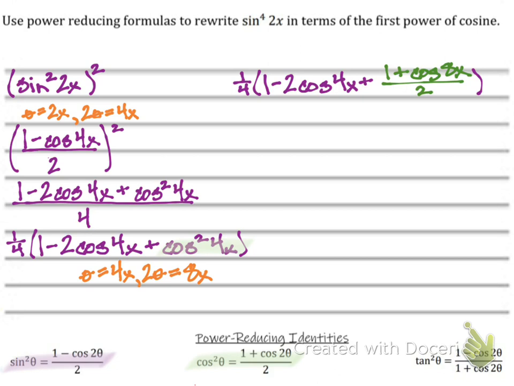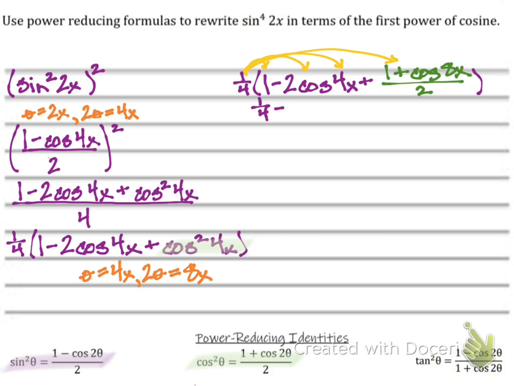Okay, so now let's take that 1/4 and put it back in everywhere. So think about what's going to happen when we do that. 1/4 times 1 is 1/4, right?